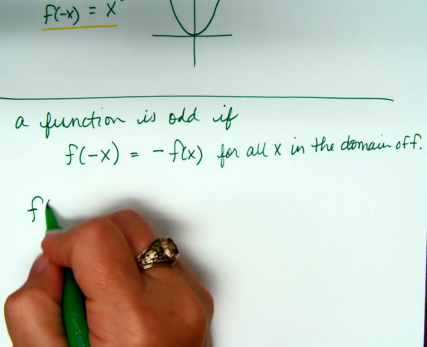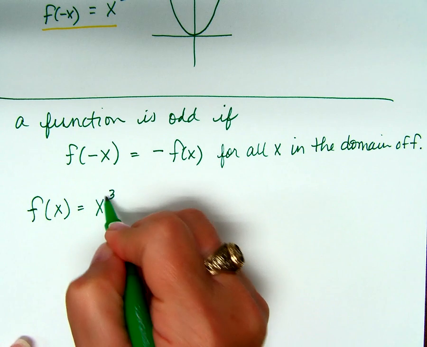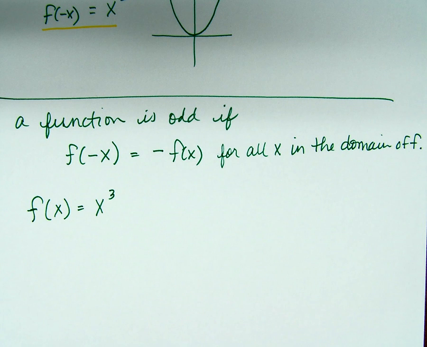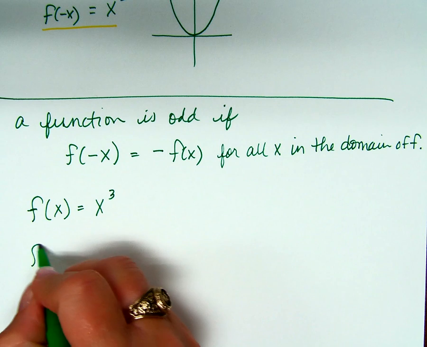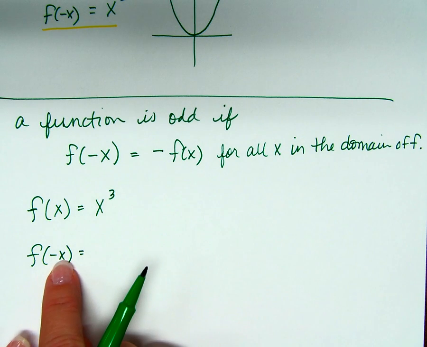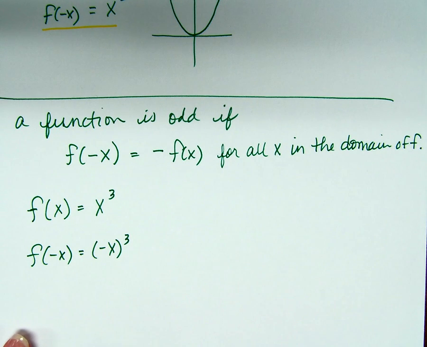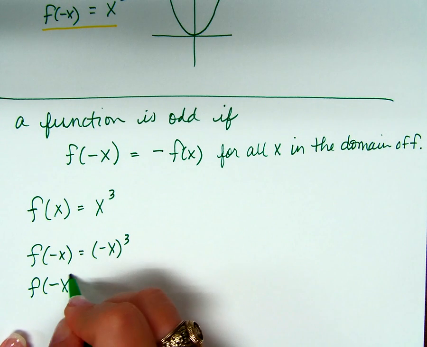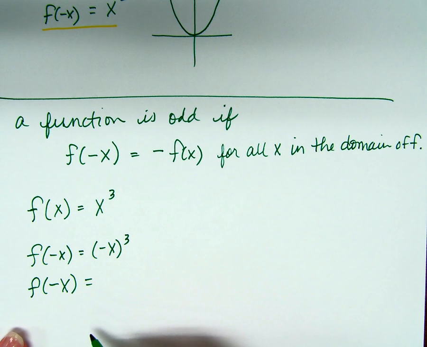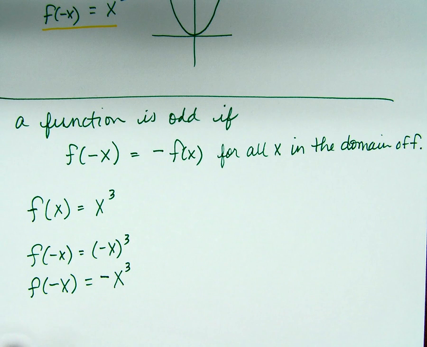Say f of x equals x to the third. So I want to try this, f of negative x. What's going to happen if I put in a negative everywhere there's an x? Negative x to the third is going to end up being negative x to the third, like that, right?